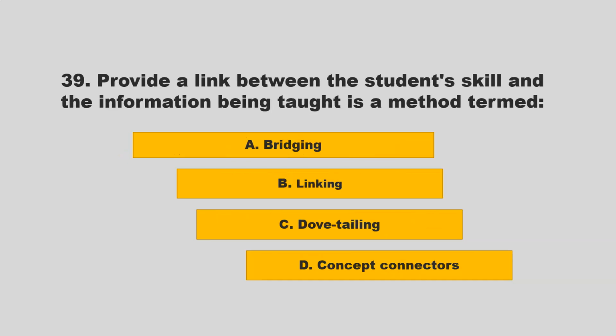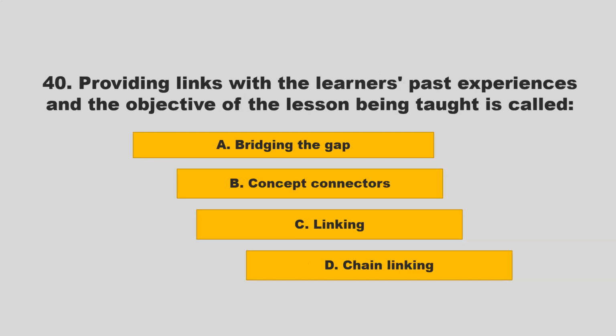Provide a link between the student's skill and the information being taught is a method termed bridging, linking, dovetailing, concept connectors. If you chose D, concept connectors, you are correct.